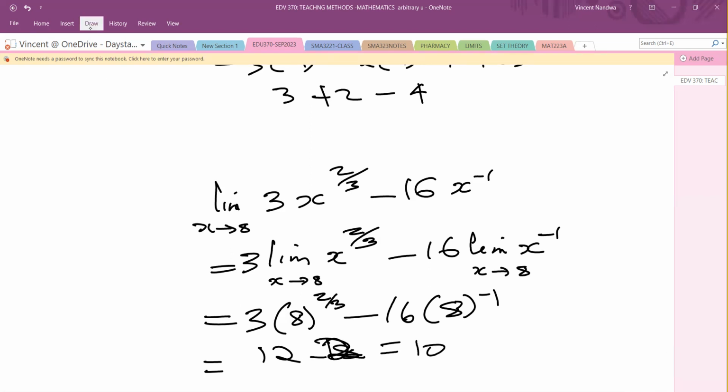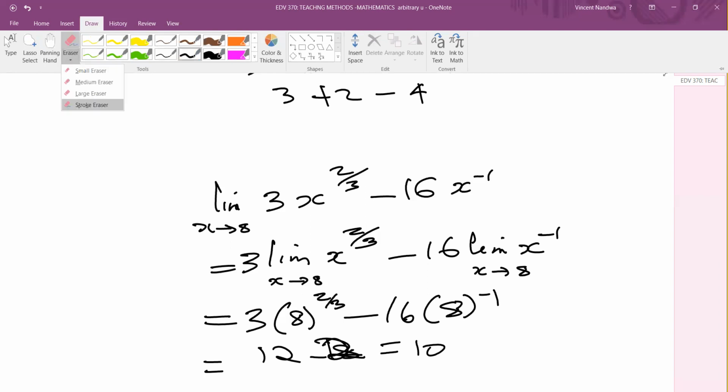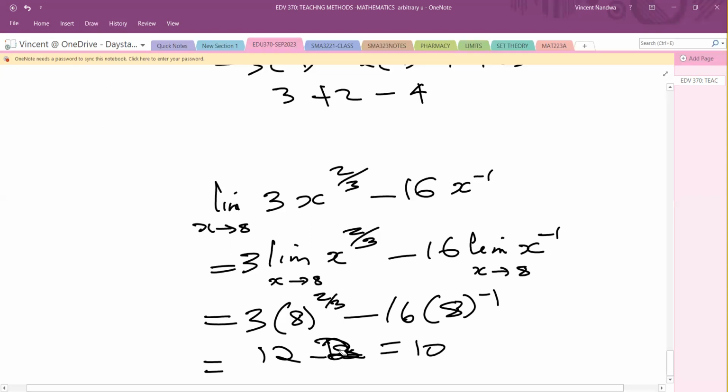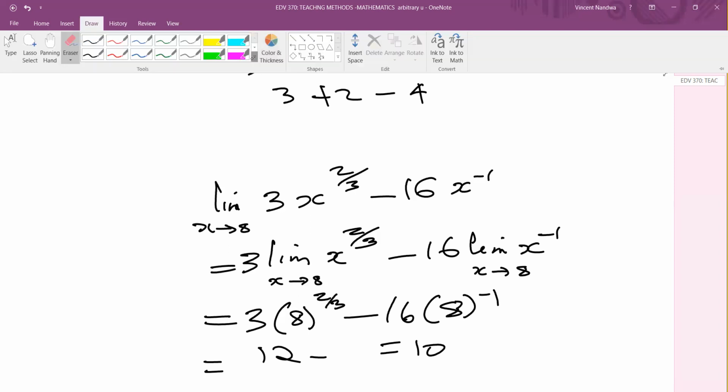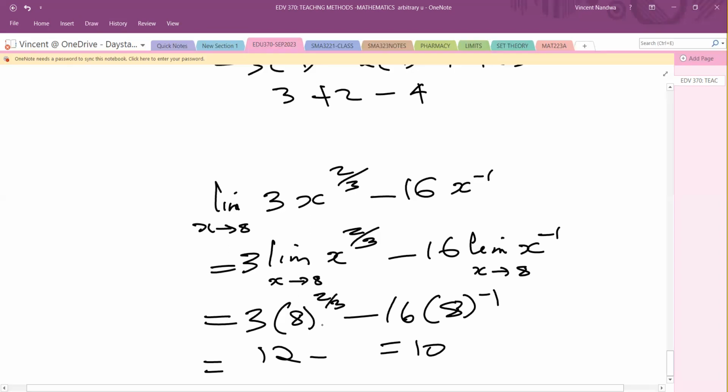Confirm that the second term gives you 2. Are you able to see where the 2 is coming from? Just use your calculator to evaluate that part and see that the answer is 2. Correct.